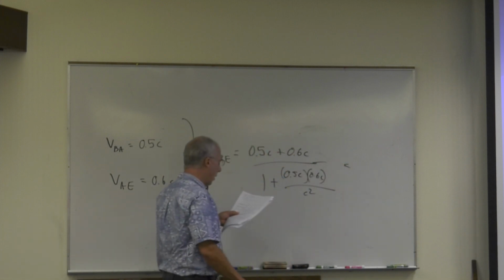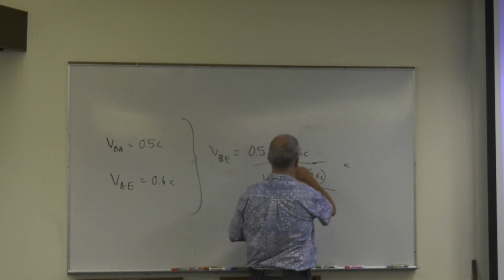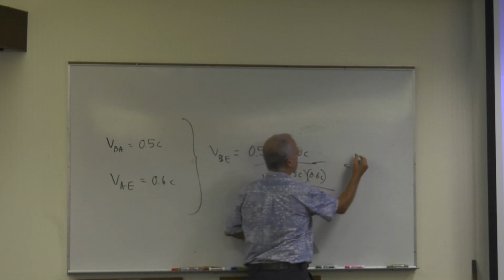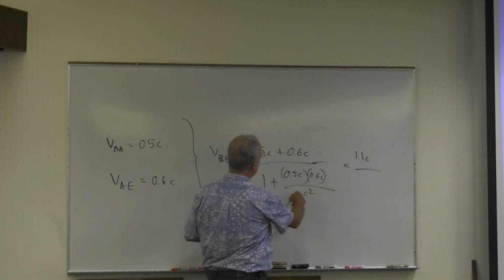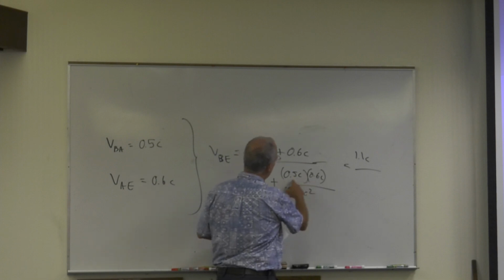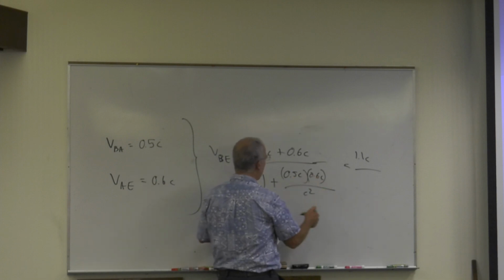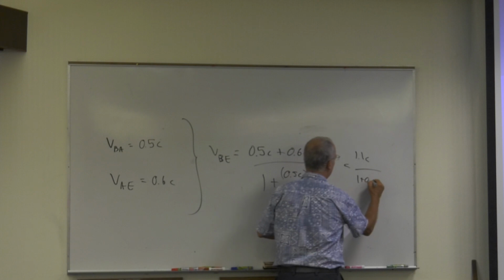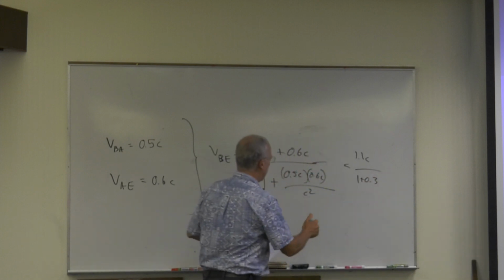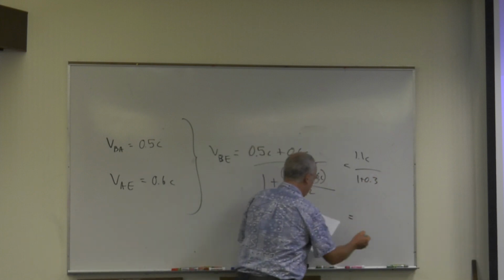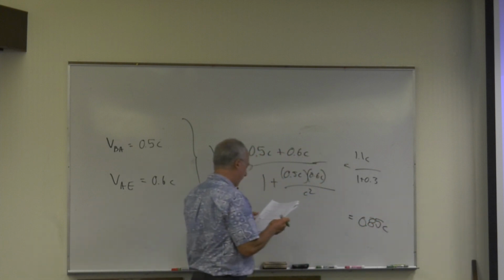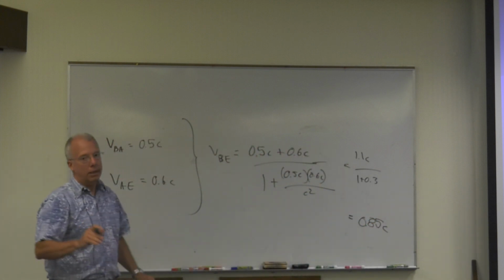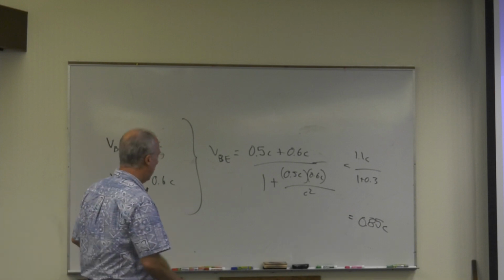If you plug in all that, you get 1.1 c on top. On the bottom, half of 0.6 is 0.3, so it's 1 plus 0.3. If you work that out, I promise you get 0.85 c.